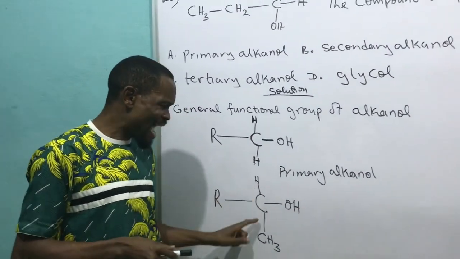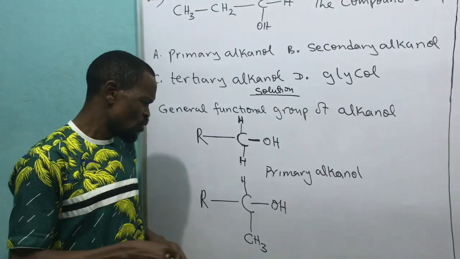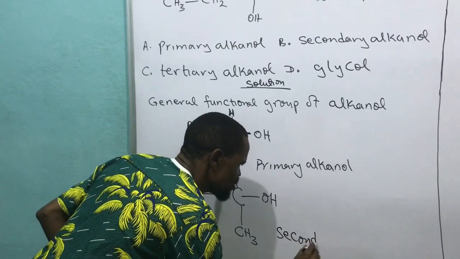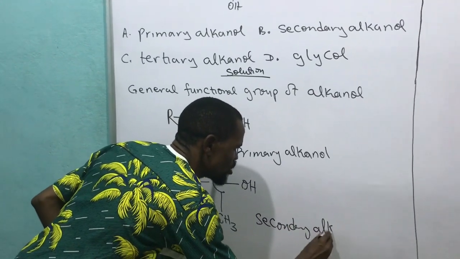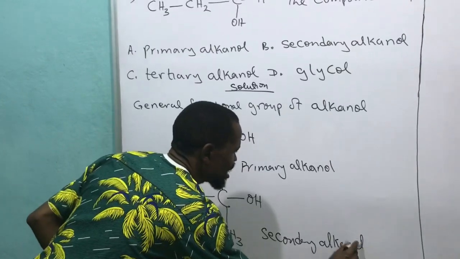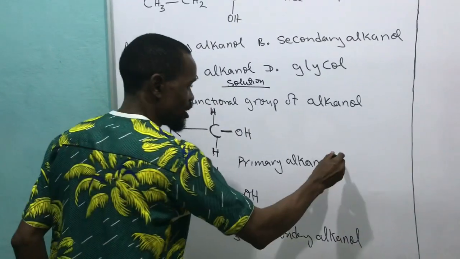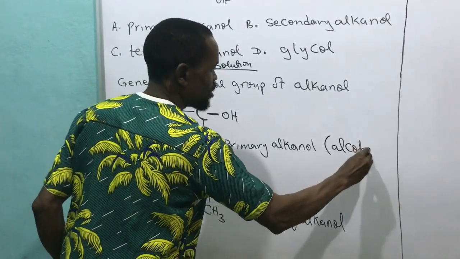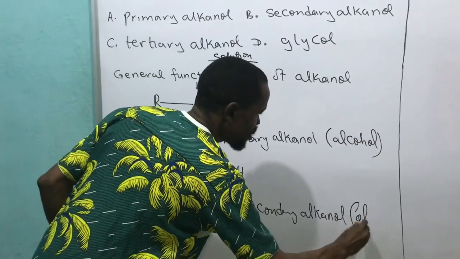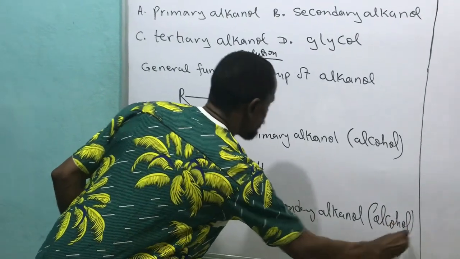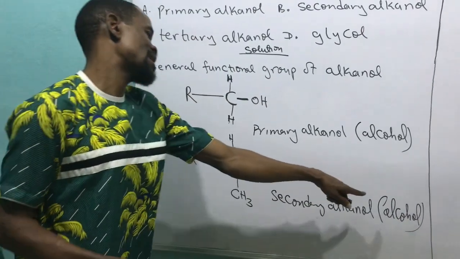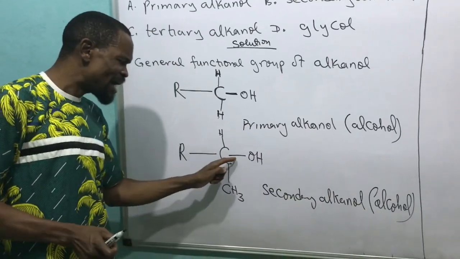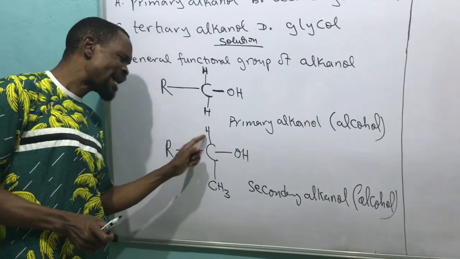When it has only one hydrogen, we call it secondary alcohol. That's alkanol, alcohol. Either you call it alkanol or alcohol: secondary alkanol, alcohol; primary alcohol, alkanol. So this one now is called secondary, with only one hydrogen remaining.